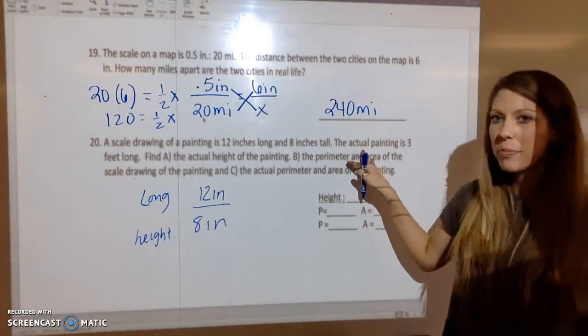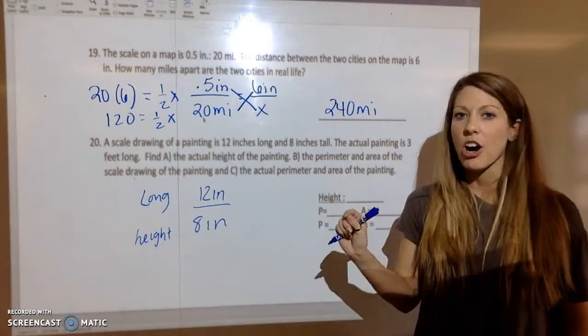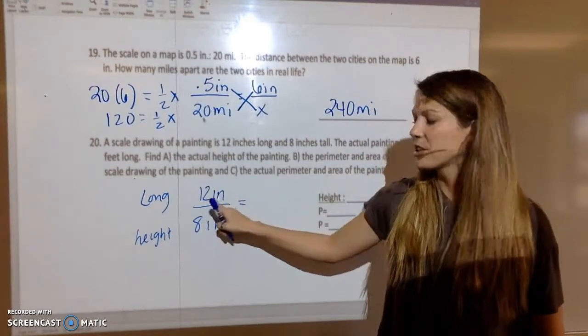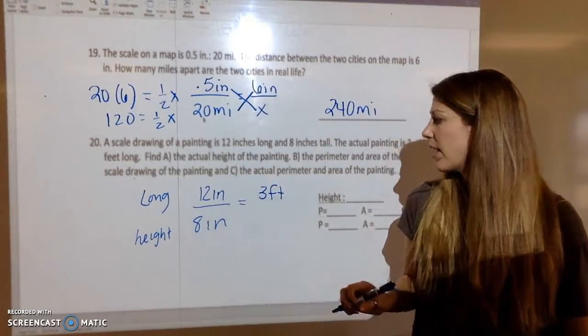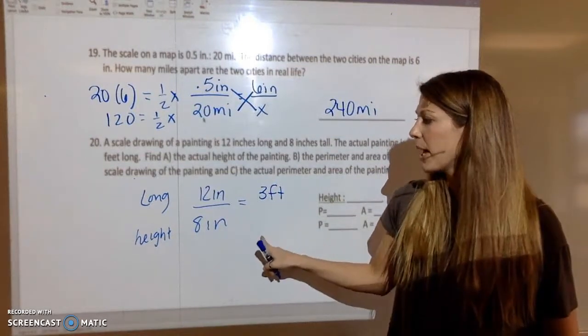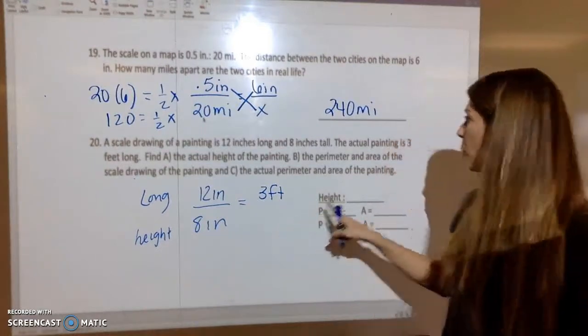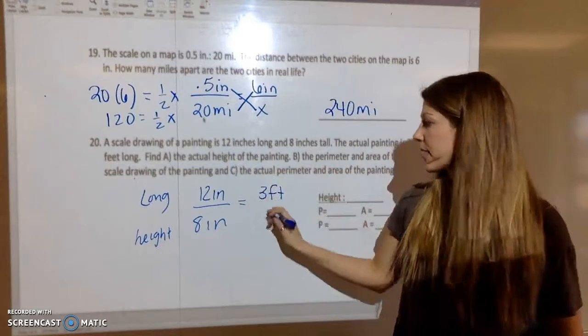The actual painting is 3 feet long. So 3 feet long, 12 inches long. So I want the 3 feet to go with the 12 inches. Because if I put it on bottom, that's talking about the height, because 8 inches was talking about the height. But it wants to know the actual height of the painting. That's the first part you had to find.